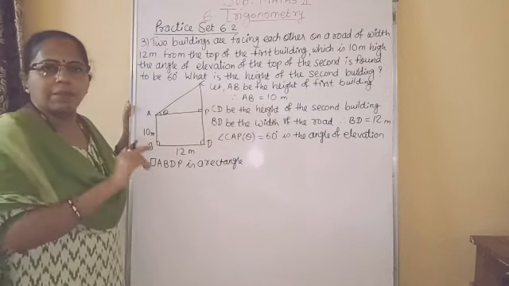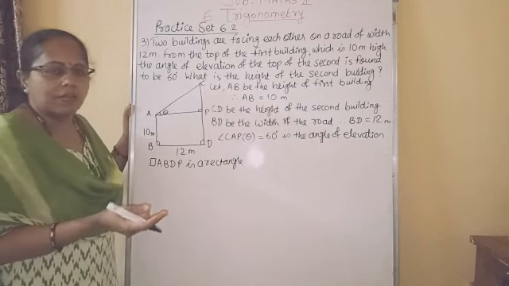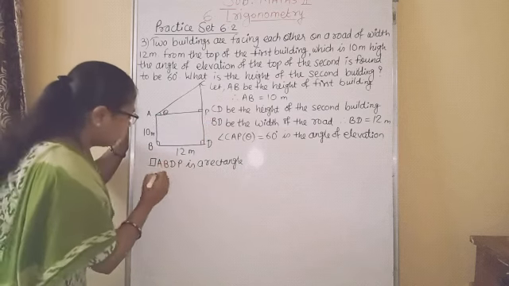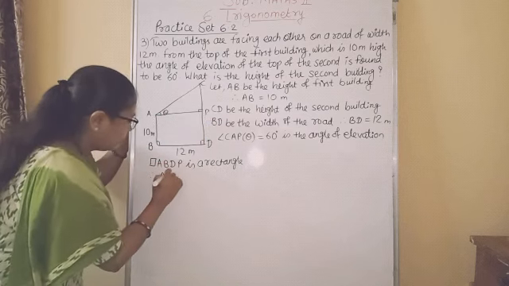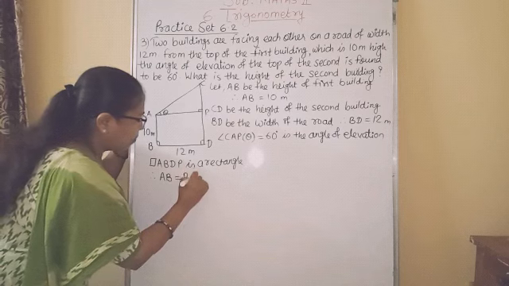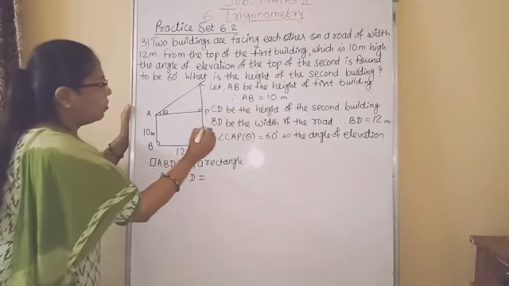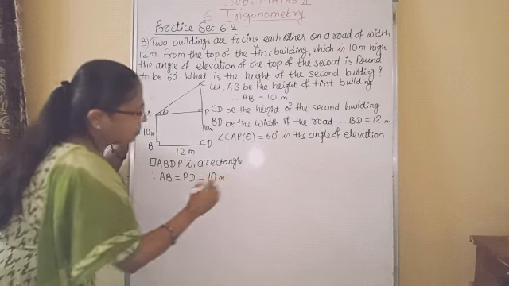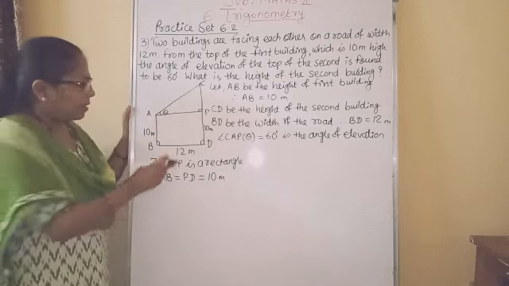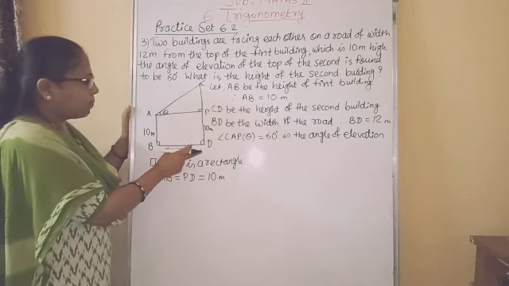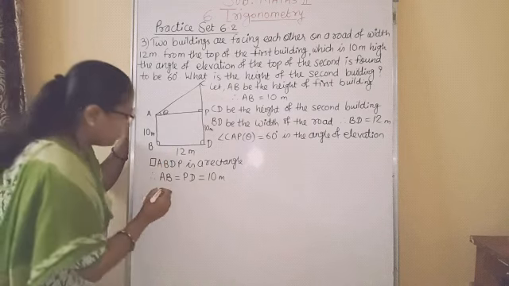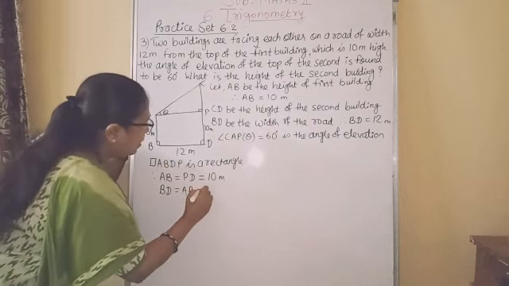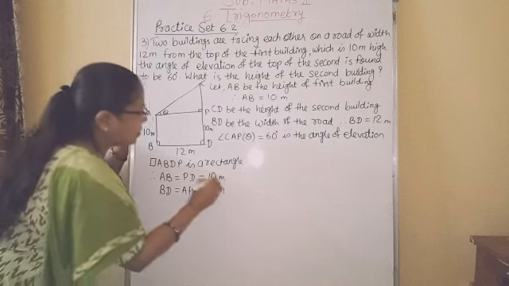So as we know, opposite sides of a rectangle are equal. So the side opposite to AB is PD. Therefore, AB is equal to PD, which is equal to 10 meters. Okay. Then the side opposite to BD is AP. BD is equal to AP is equal to 12 meters.